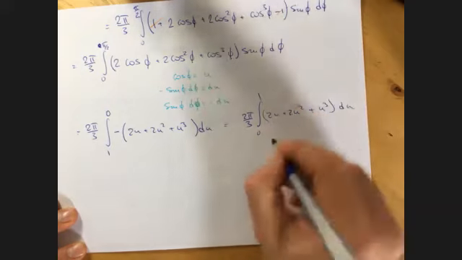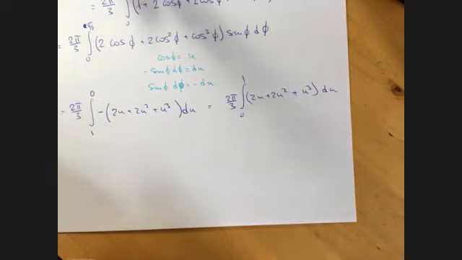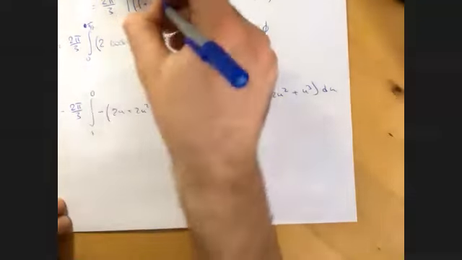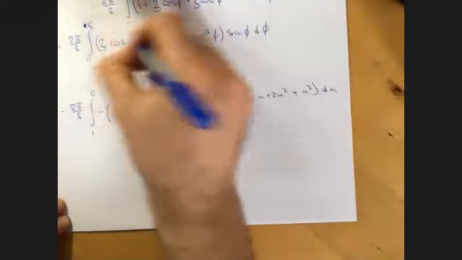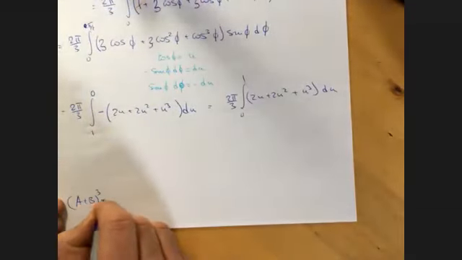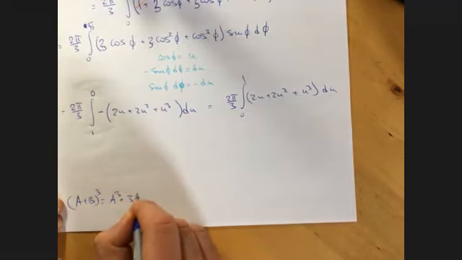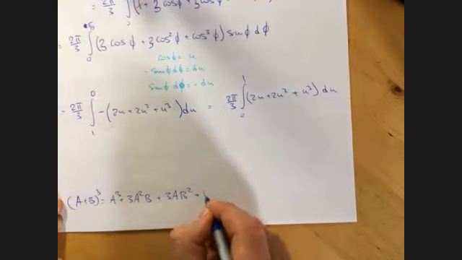And now this is a Cal 1 integral that you should know. I made a mistake somewhere. This is not 2, this is 3, and this is 3. Sorry about that. A plus b cubed is a cubed plus 3 times a squared b plus 3ab squared plus b cubed.